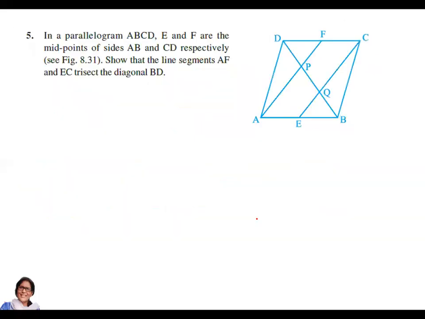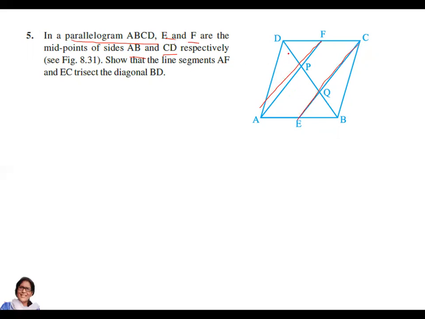Question number 5. In a parallelogram ABCD, E and F are midpoints of the sides AB and CD respectively. Show that the line segments AF and EC trisect the diagonal BD.